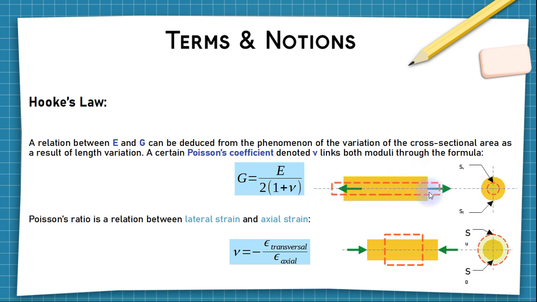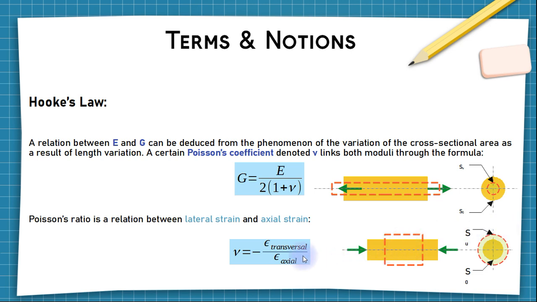So you see how the cross section is diminished, and you see how the length has increased. So you see here what I mean. Same thing in compression. So you see how the cross section is increased, but the length has decreased.